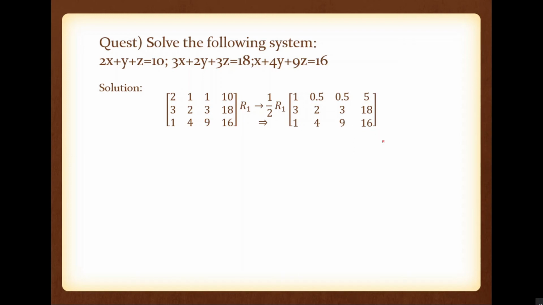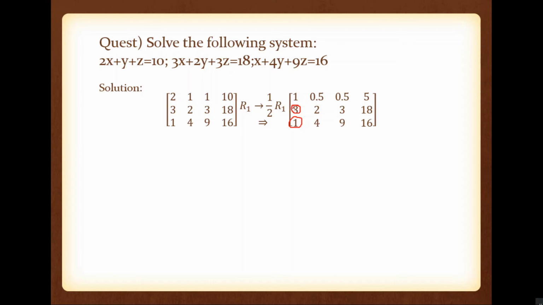Now we are going to do the first elimination. What do we want to remove? We want to remove 3 and 1. So what are the required row operations? Please tell me. R2 gives R2 minus 3R1.